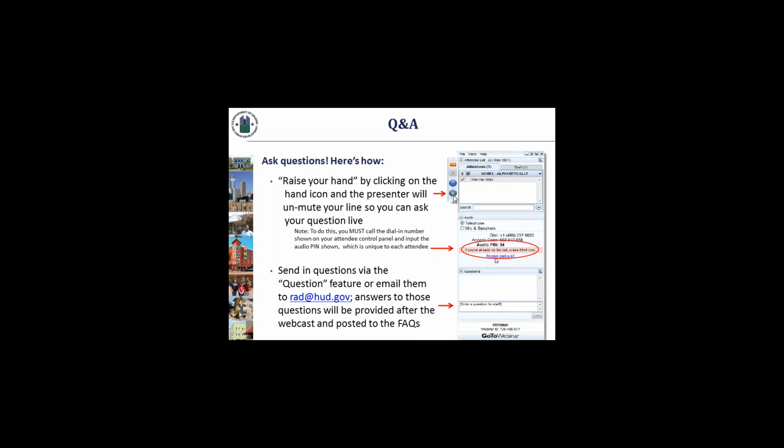Maria Maffei from Boston. With the PBRA contract, who is going to do the initial tenant certifications, and then what happens for the annual recertifications? So the owner. Are you talking about income certifications? Yes, and eligibility.